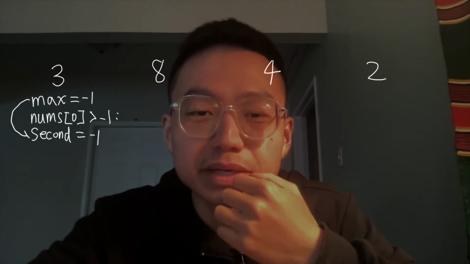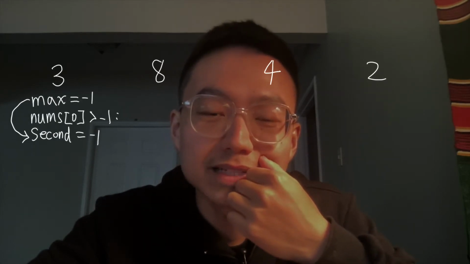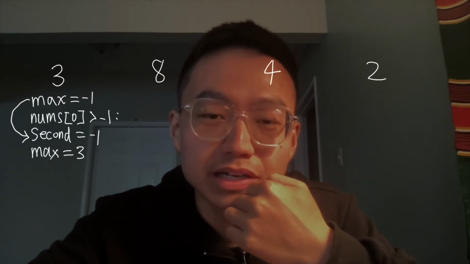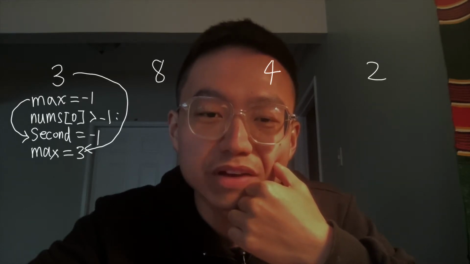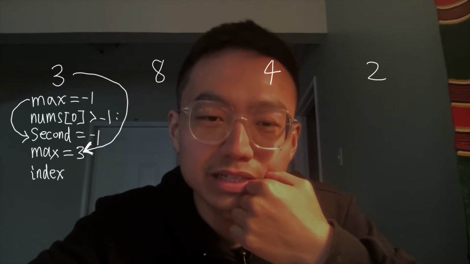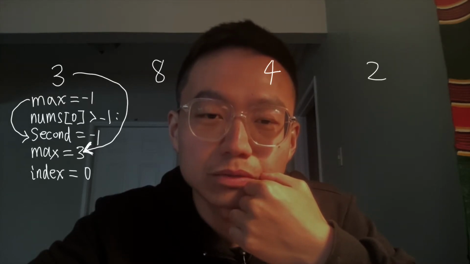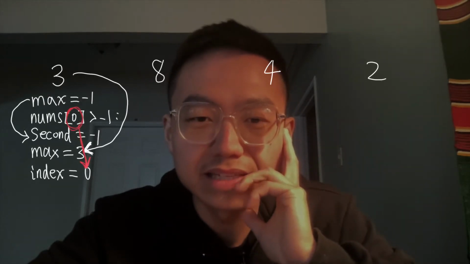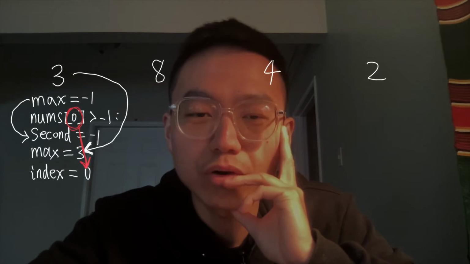Yes, it is bigger. So the second variable gets the smaller number, which is -1, and the max variable gets the biggest value, which is 3 here. So 3 is the biggest, and we need to record its index. It is 0, and we keep moving on.